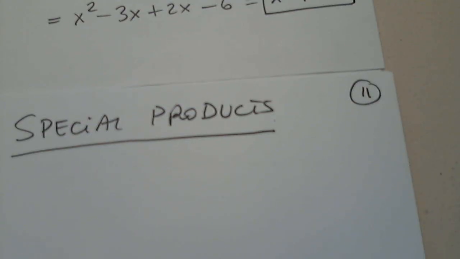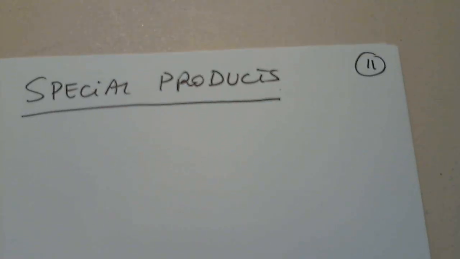At some point in time, the formula sheet will not be enough. You will need a one-pound book to carry with you. So these special products have to be understood and memorized, so you don't stumble. Because if you say, oh, but I have them on the formula sheet, you're going to stumble later on. So here are 3 special products that we are going to look at.